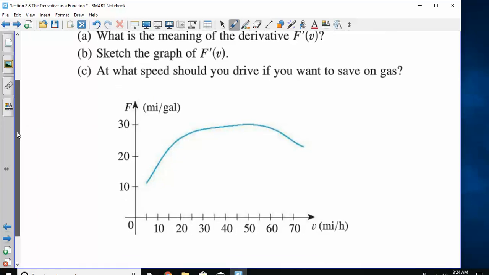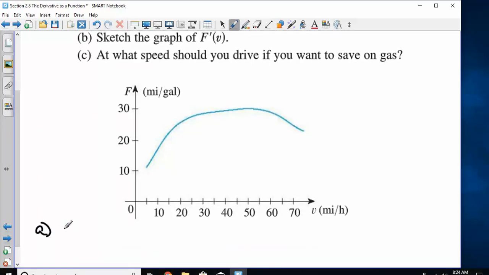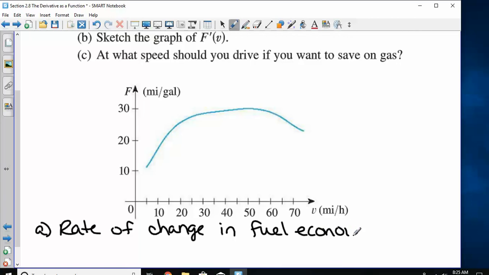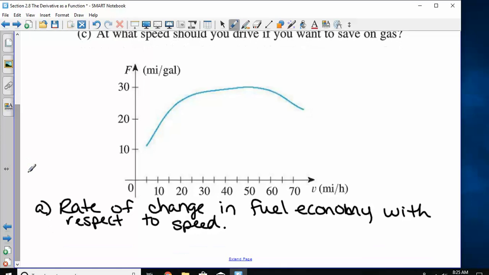So our derivative is the rate of change in, think when you do slopes, it's y over x, so it's in y, which was my fuel economy, with respect to my x, which was speed. So basically it tells me how the fuel economy is changing in terms of a given speed.